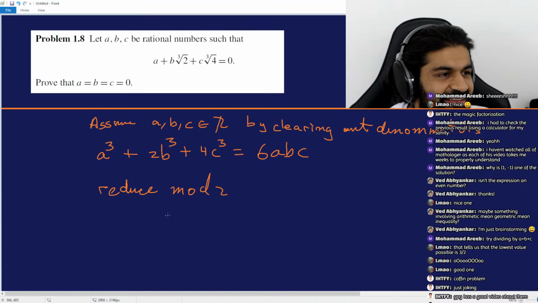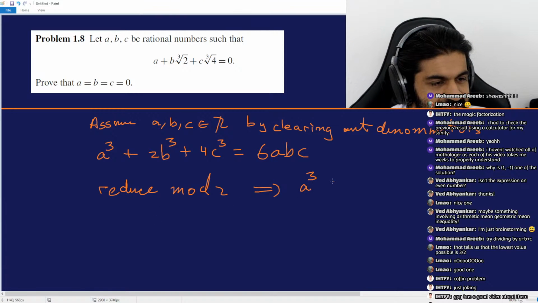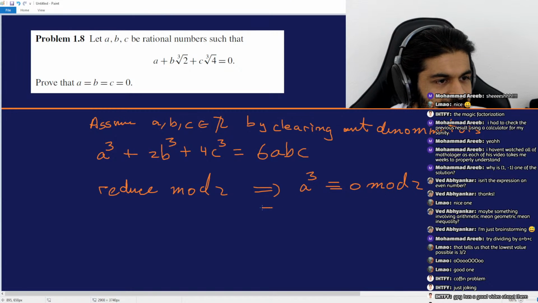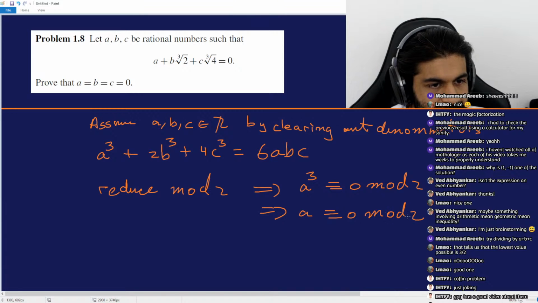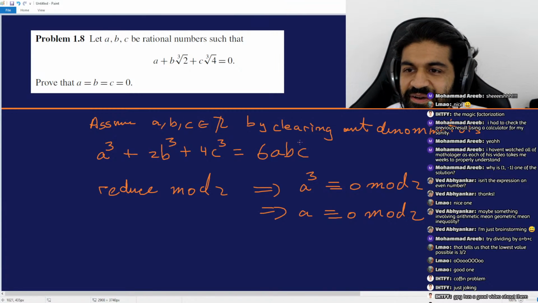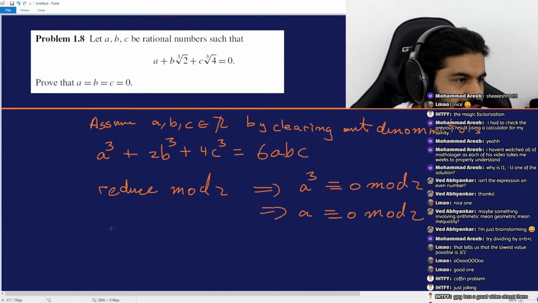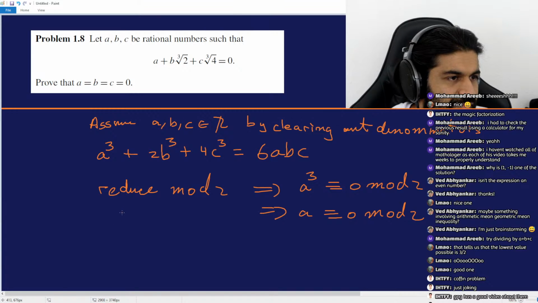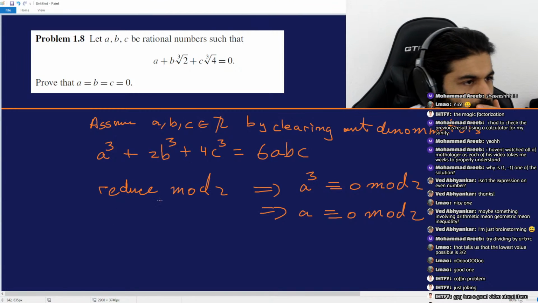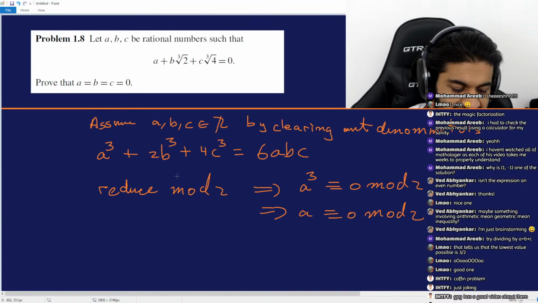And then you get that a cubed is congruent to 0 mod 2, which means that a is congruent to 0 mod 2. So a is even.